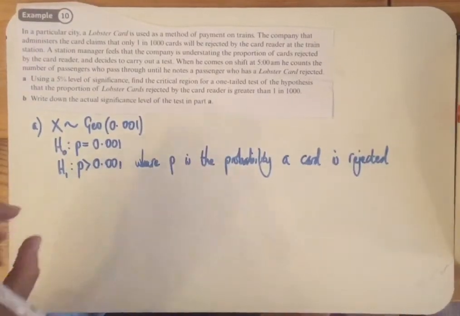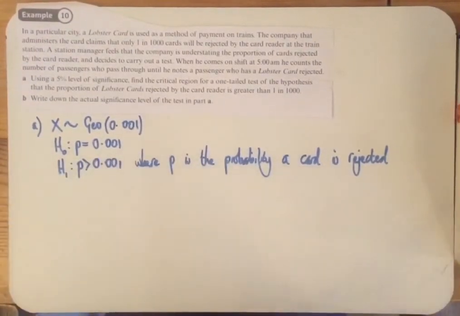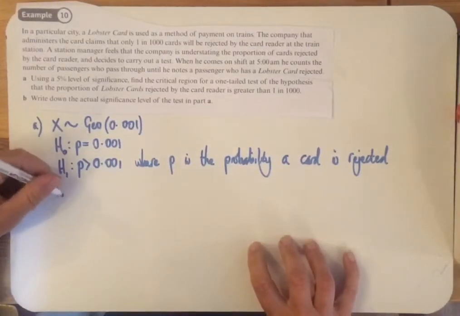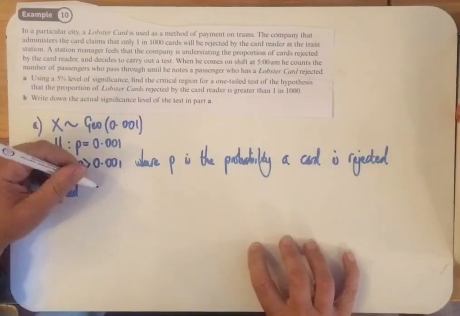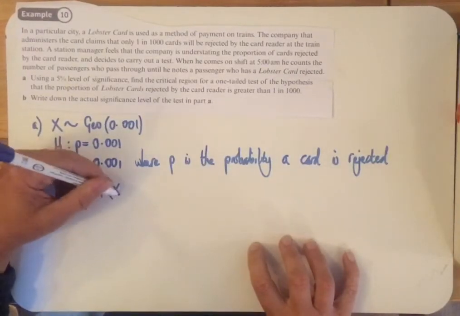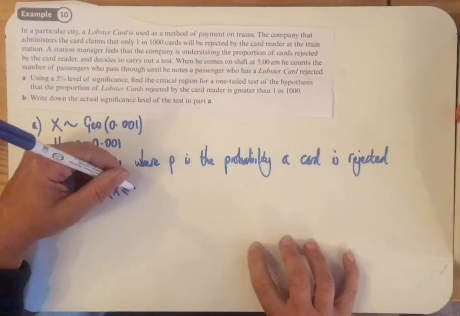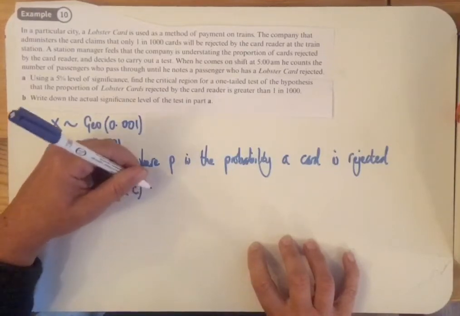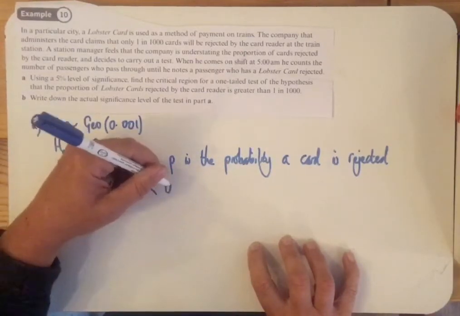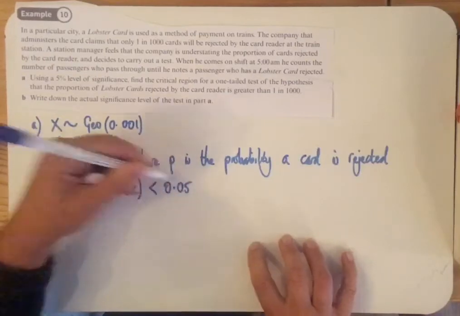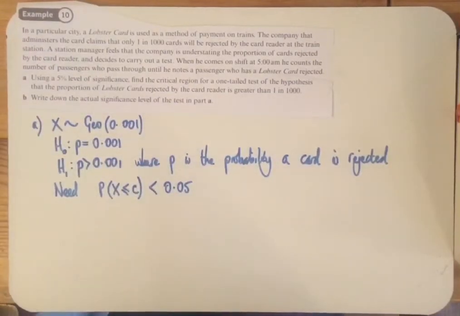Right, so if P is bigger than 0.001, you're going to get the card being rejected more quickly. And so we need to think about the probability of X being less than or equal to C being less than the significance level of 5%.